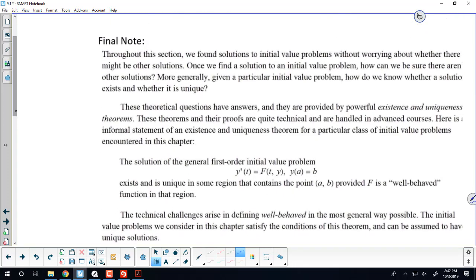It's worth reading the final note. If any of you ever plan on taking differential equations, something like this more than likely would come up for you. But what we're doing is sort of half the story. And so I just put that there. We're not going to elaborate on the uniqueness and existence proofs. But I think for many of you, it's probably worth at least knowing what's going on.